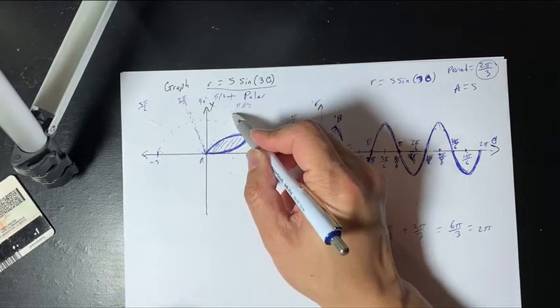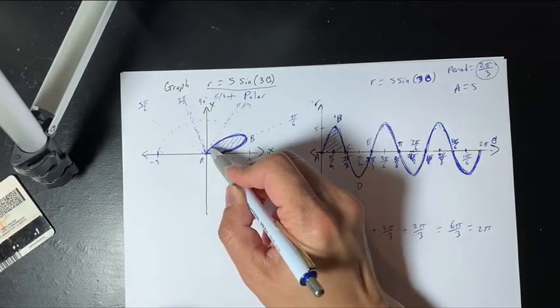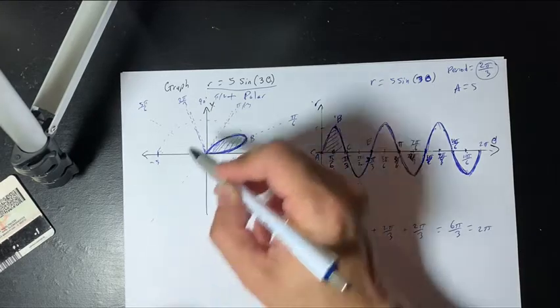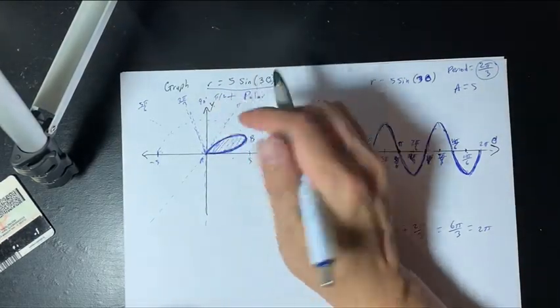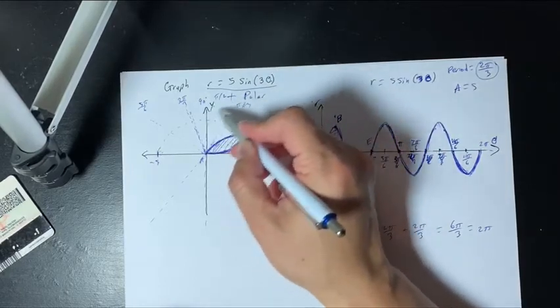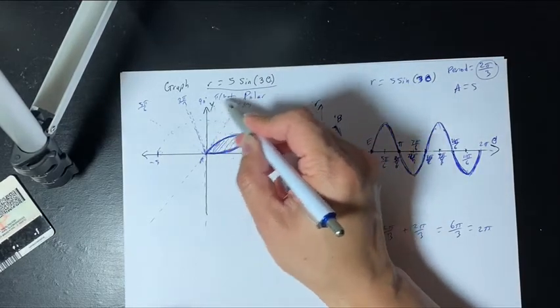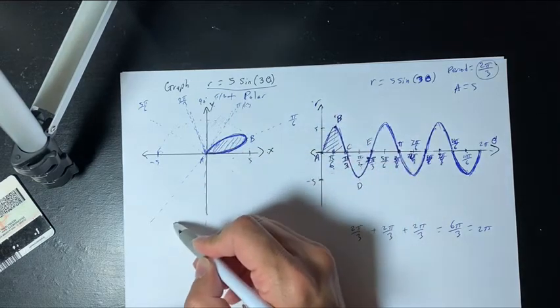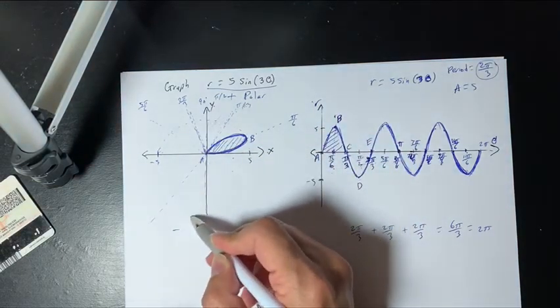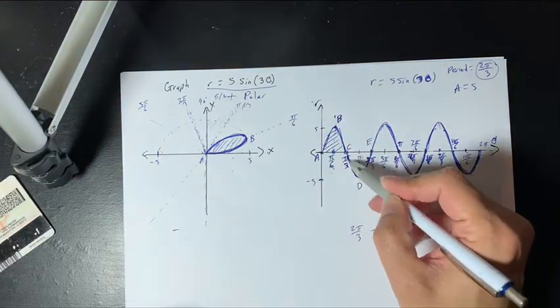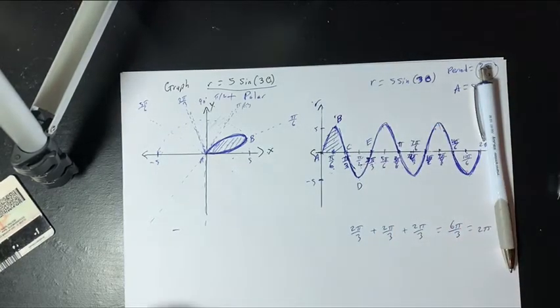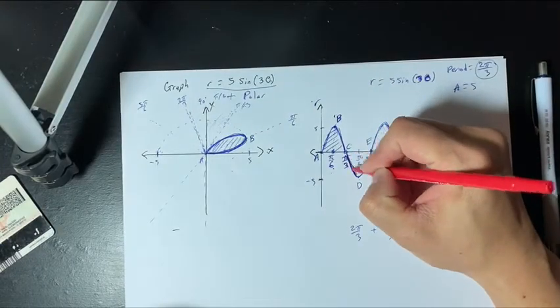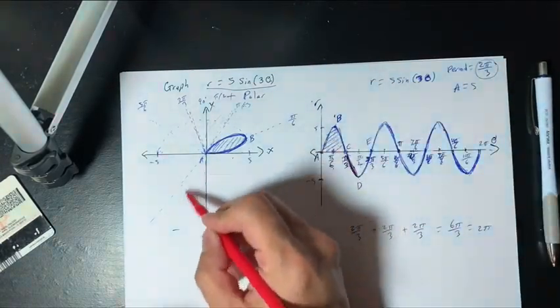If I extend this direction, pi over 3, and I keep on drawing, and I extend this pi over 2 and I keep on drawing, this is the positive region for the radius from pi over 3 to pi over 2. On the other side of that would be the negative, so it's this guy. So this line here, I'll use red, should end up somewhere down here.